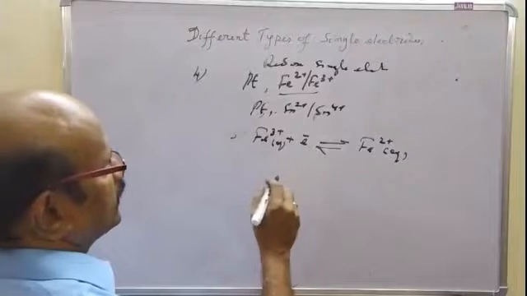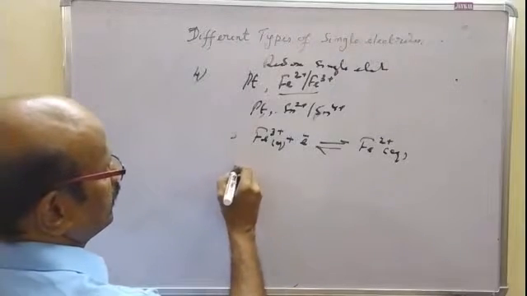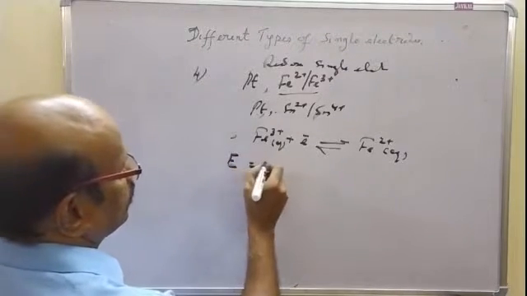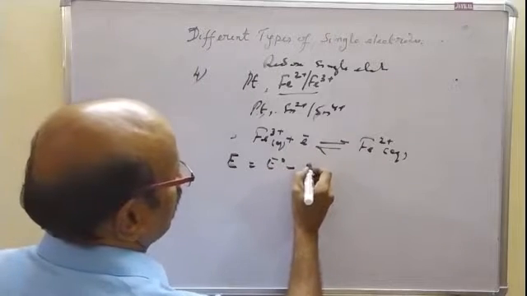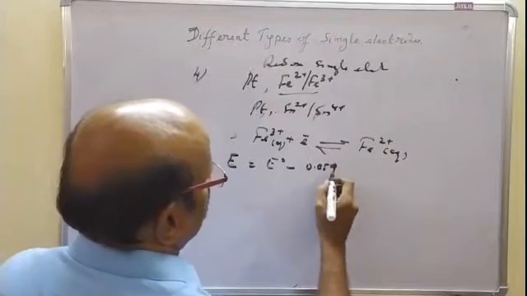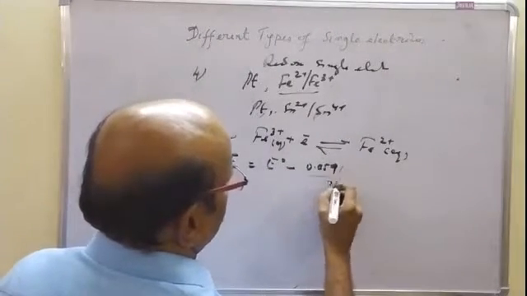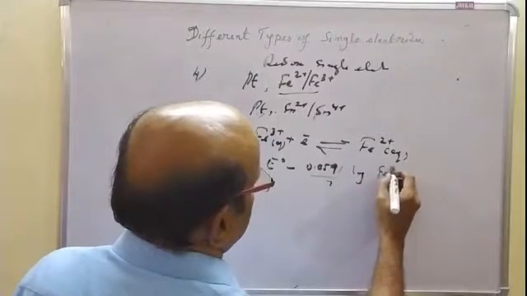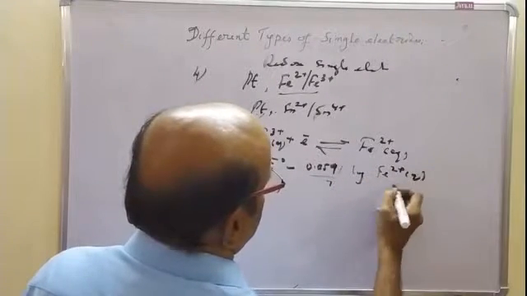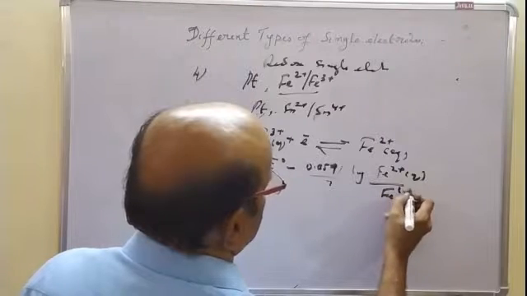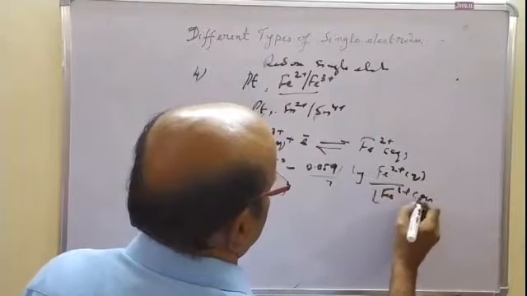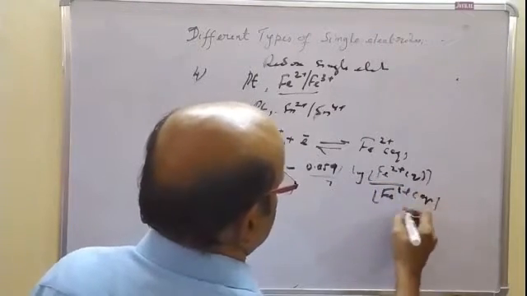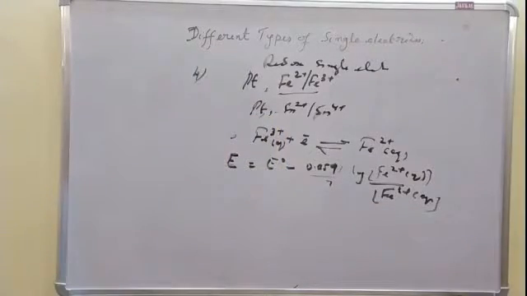So the electrode potential can be represented as E is equal to E0 minus 0.0591 by n log of Fe2 plus aqueous divided by Fe3 plus aqueous. So this is the electrode equation.